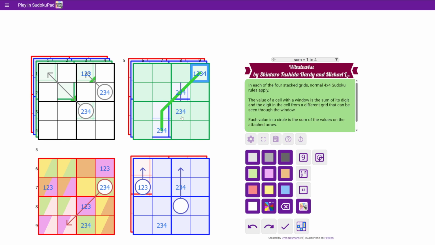Oh yeah, that one could be. This one, however, cannot be, because it has to remain low. So it has to be a 1, 2, or 3. And then this one would also have to be a 1, 2, or 3. This one gets no help. So it has to be a 3 or a 4. And this cannot be a 4.